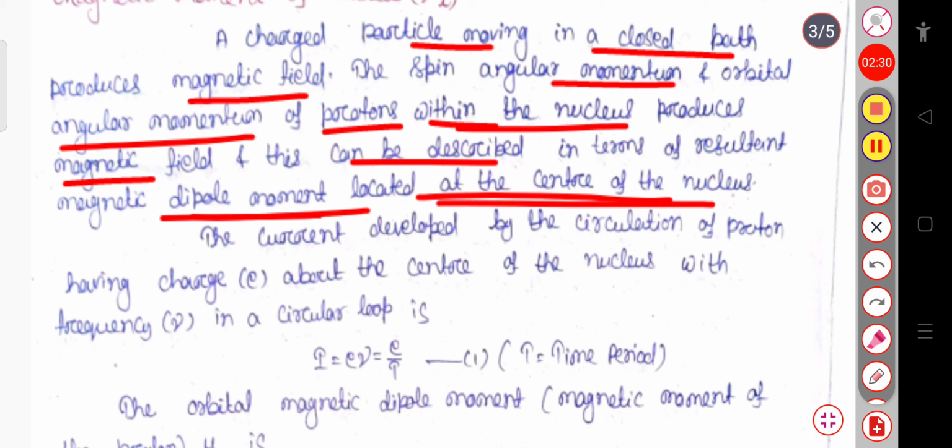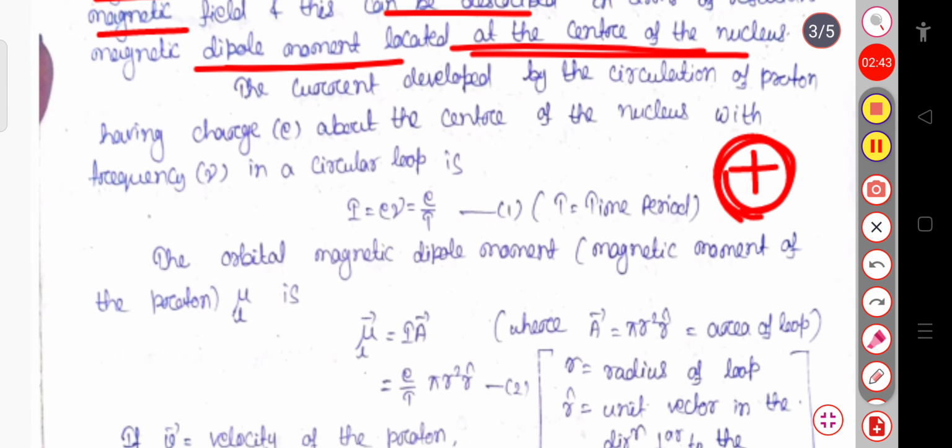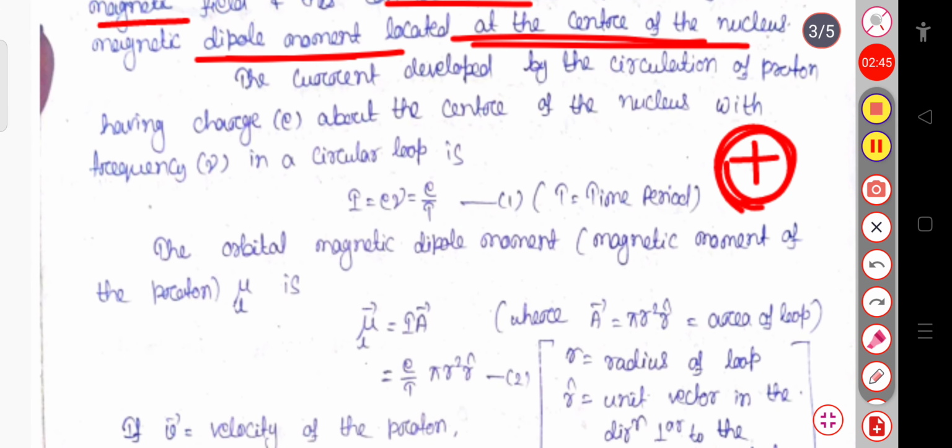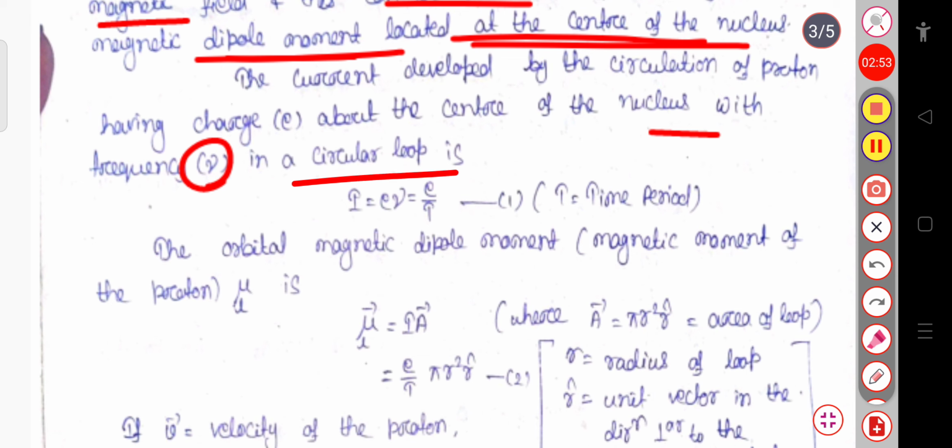Since the proton is a charged particle, carrying positive charge, when it moves in a closed orbit it will produce a magnetic field. So the current developed by the circulation of the proton having charge plus e, about the center of the nucleus with frequency nu in a circular loop, I can write I will be equal to e into nu.